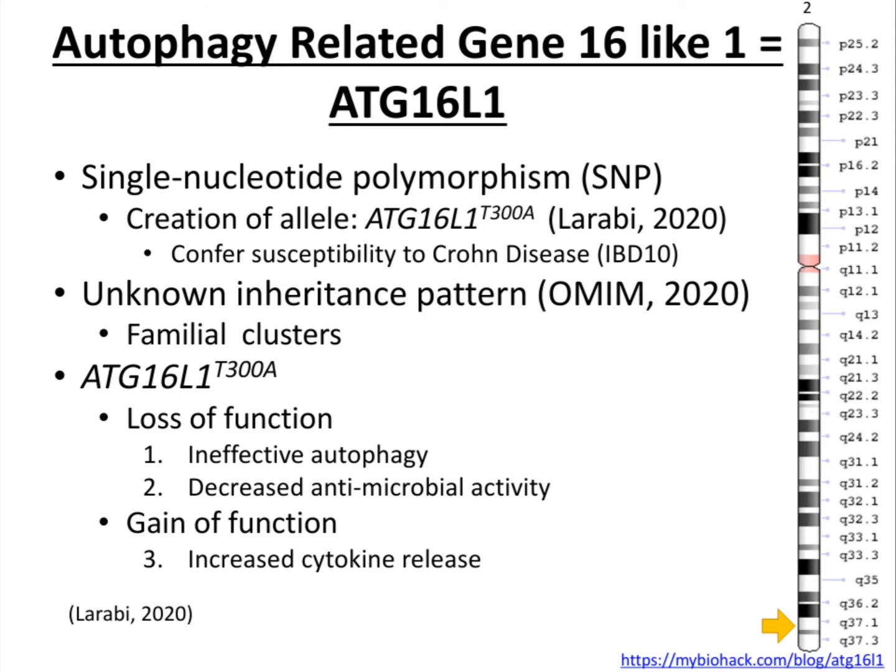Single nucleotide polymorphisms, or SNPs, lead to the creation of an allele called ATG16L1T300A. This allele confers susceptibility to Crohn's disease. Though the inheritance pattern is currently unknown, familial clusters of Crohn's disease do exist.